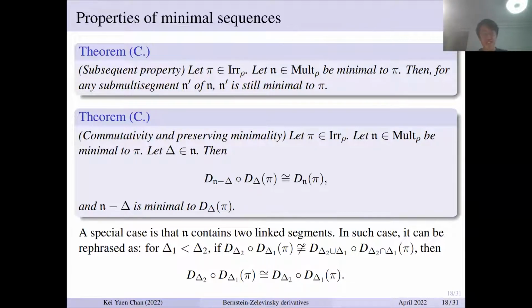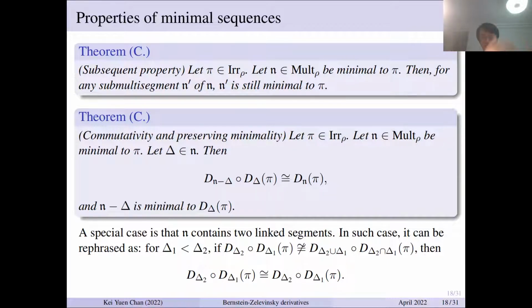So the first thing is the subsequent properties. So what does it mean? We choose pi to be an irreducible representation, and n is a minimal one. Minimal means that when you consider the set S pi and then Dn pi, the n has to be minimal itself.